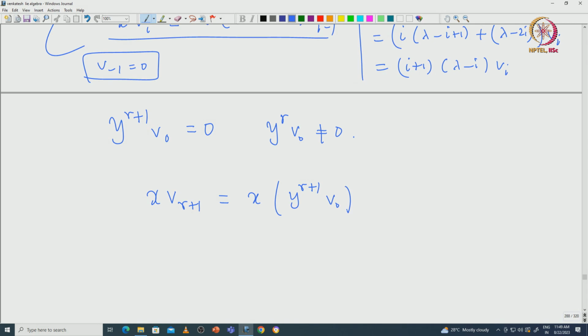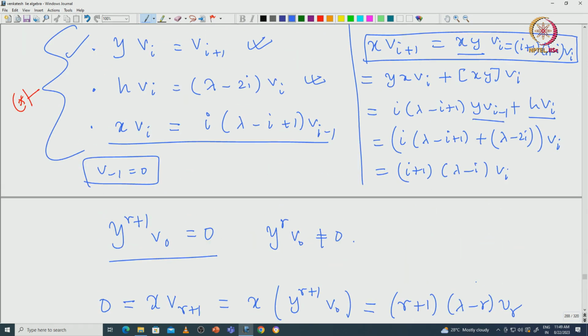Okay. So, since y power r plus 1 v naught is 0, one side you get 0, but on the other side you get this formula, because this is going to reduce it by one power down. So, this is going to be r plus 1 times lambda minus r v r. Okay.